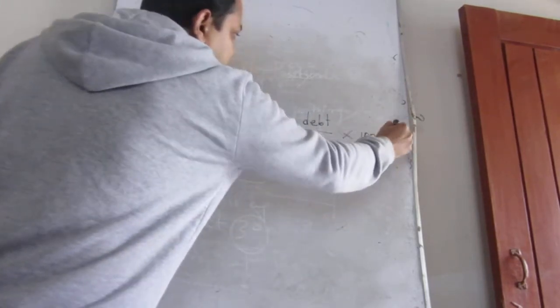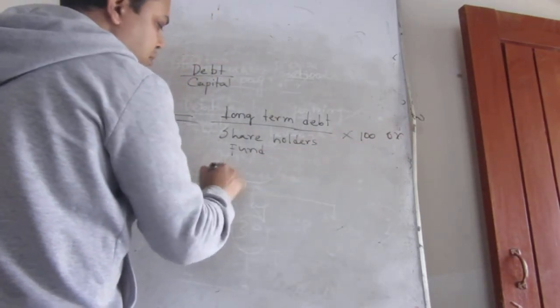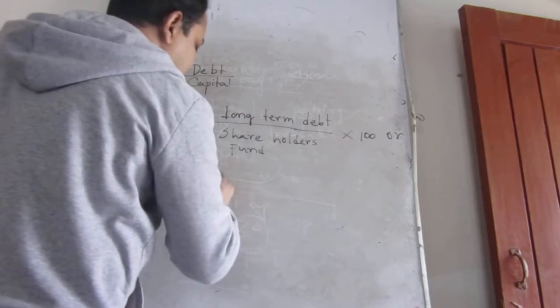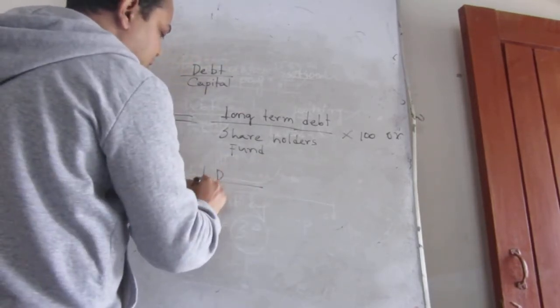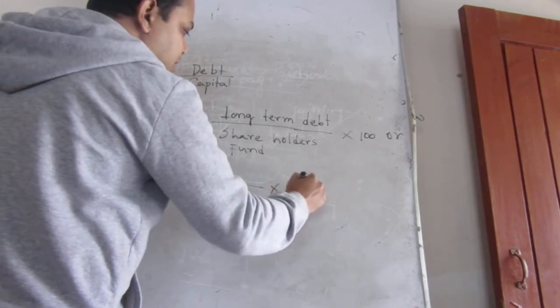Or, long term debt divided by shareholders fund plus long term debt into 100.